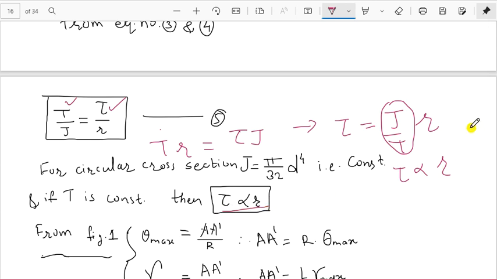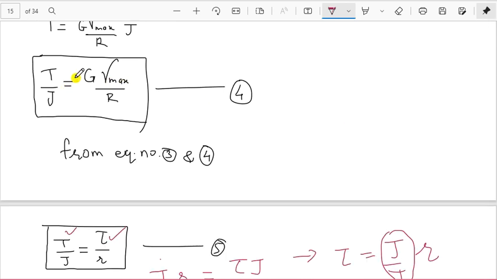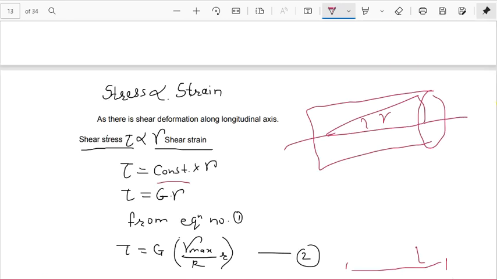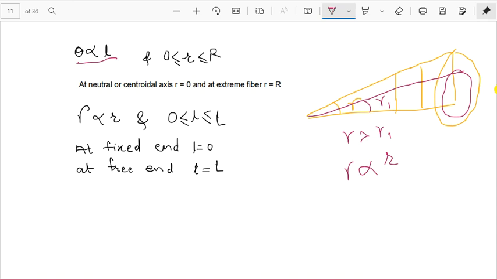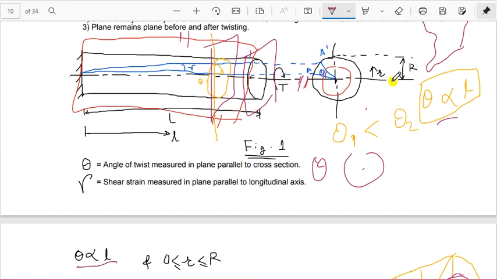Now we will find this same equation in terms of theta max. For finding that, we will consider this diagram again. Here you can see that A dash can be represented in terms of R and theta. Similarly, this A dash can be represented in terms of gamma and length.